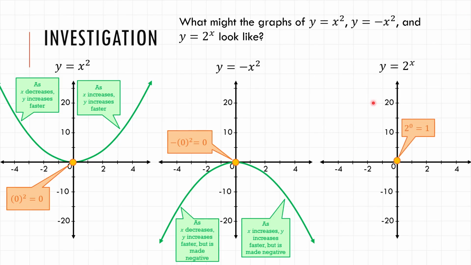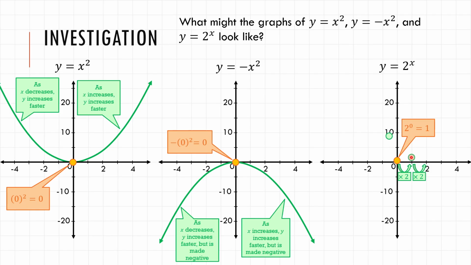So now let's take a look at what the graph of y equals 2 to the power of x looks like. Well, 2 to the power of 0, we know, is always going to be equal to 1. So our point here is slightly higher than it was here. And I know that every time I increase x by 1, I have to multiply by 2. If I increase the exponent to 1, 2 to the power of 1, that gives me a value of 2.